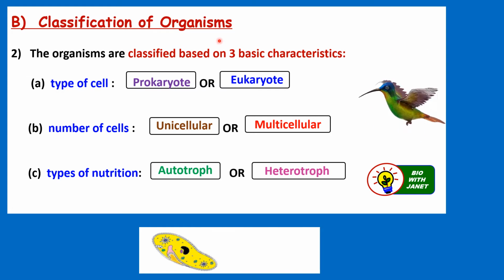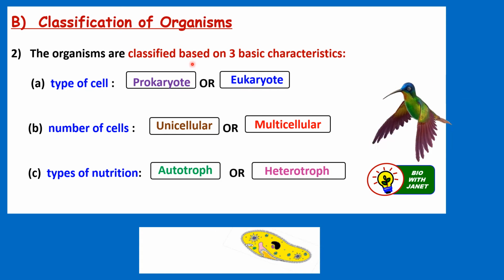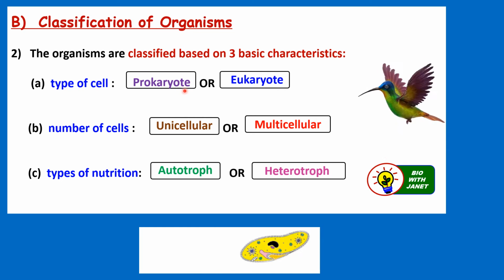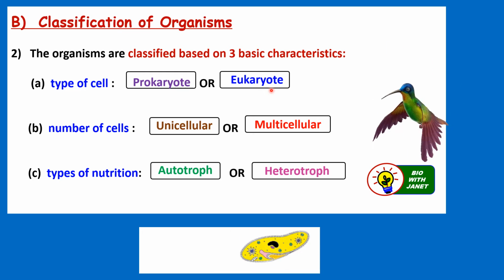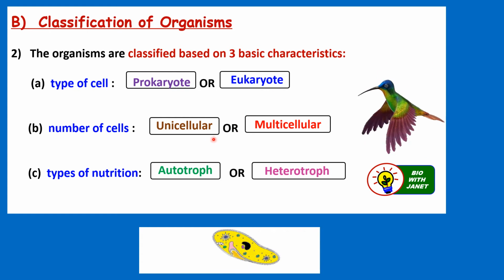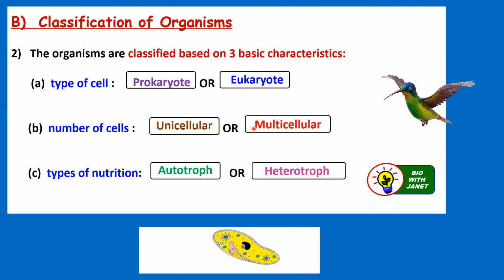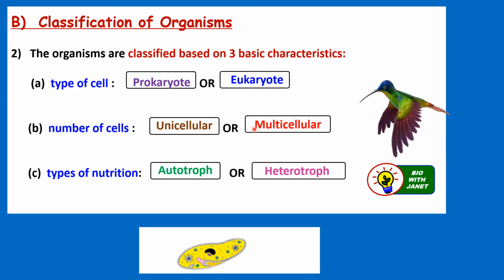Classification of organisms. How was it done? So the organisms are classified into the various kingdoms based on the type of cell, whether it's a prokaryote or a eukaryote organism. We'll discuss that later. The number of cells, whether the organism has only one cell or is made up of many cells or more than one cell.